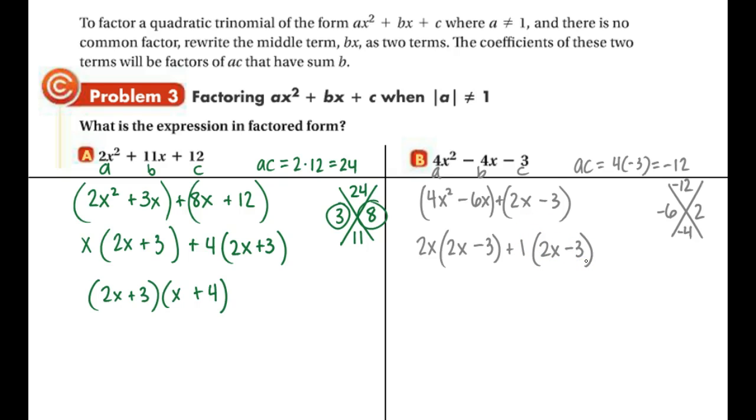That's because there were no other common terms besides 1. So you can see that our common expression is 2x minus 3, so I'm going to factor that out and put it in front, 2x minus 3. And then what comes down is the leading coefficients of each of those, so 2x plus 1. Essentially we're going like this, just to draw some arrows to show you what's happening. So our factored form would be 2x minus 3 times 2x plus 1.